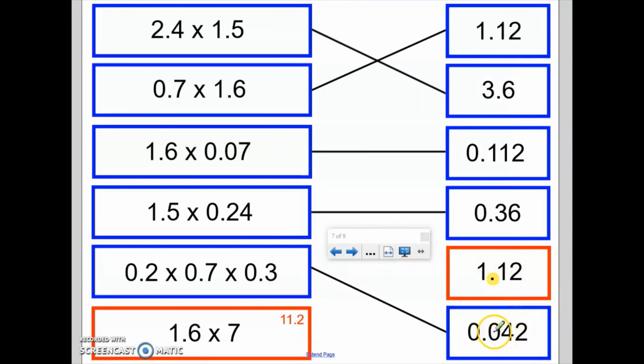So just make sure you've got this extra 0 included in your answer here, because we need to ensure we've got 3 digits after the decimal point, which is why this extra 0 is also needed to make sure we have 3 digits after the decimal point in the answer. Very well done if you were able to match those up and identify the odd one out.